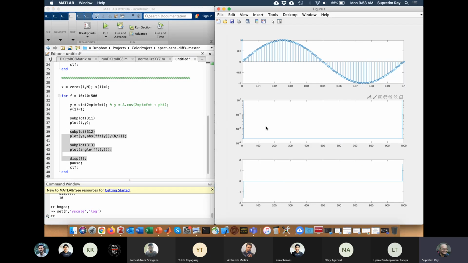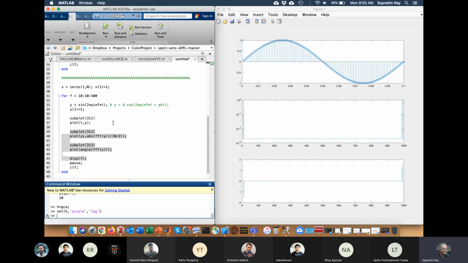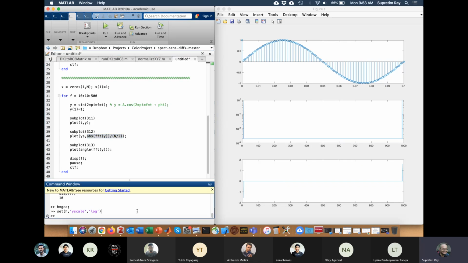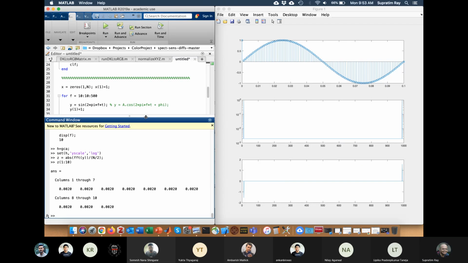Okay, so instead of logging, I'll just show you what the amplitude values are. So I take the abs of this, and I'll say Z is equal to this number and just show some values of Z. So you can see these are the values of Z, and it's a small number, but it's not 0.